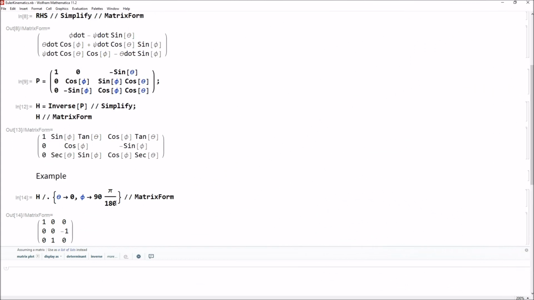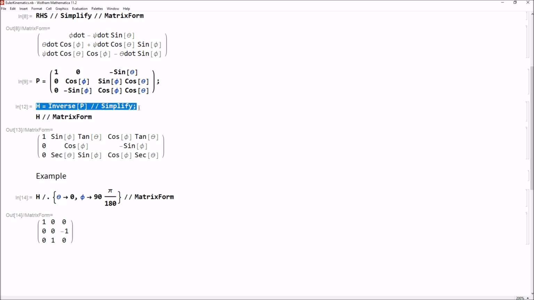All right, so to investigate that, let's come back to our Mathematica notebook. Remember, this is where we developed that P matrix. We took its inverse to get the H matrix that we were interested in, and we said this is the thing that should probably raise some red flags in your head. In fact, I think I made the quip that P is not actually a rotation matrix, so it's not guaranteed to be unitary, so therefore it may be singular at some points.